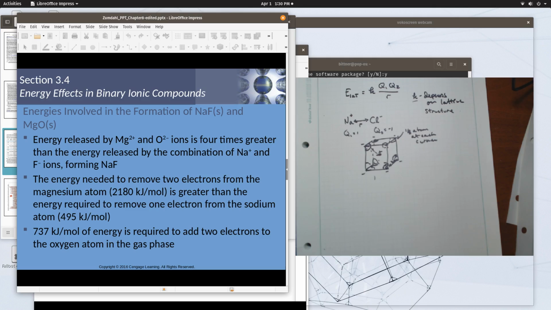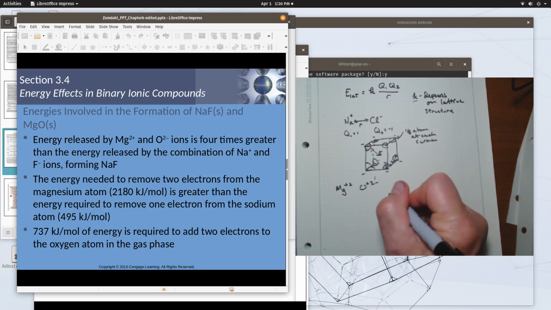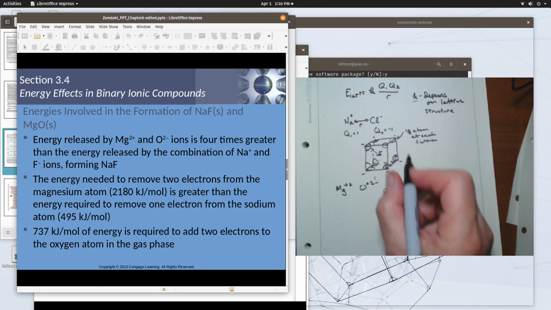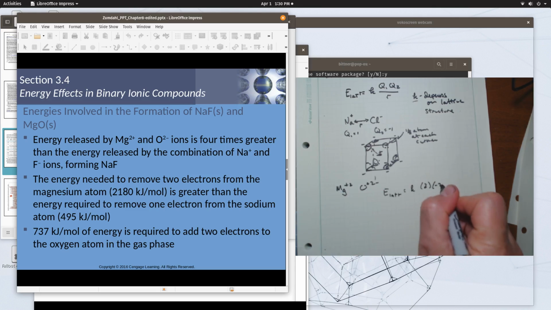Okay, so for example, if I look at MgO, which is Mg 2 plus and O 2 minus. In this particular case, if they form the same solid, the E lattice is going to be some K times 2 times -2 over whatever bond length that happens to be.